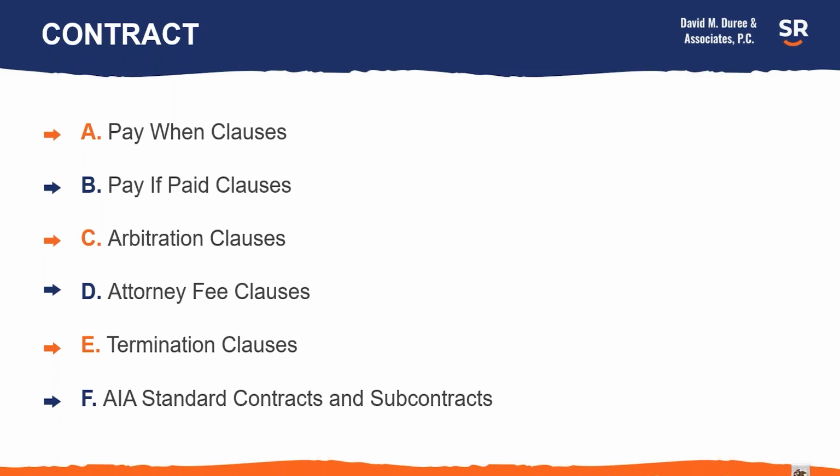So if a general contractor says to a subcontractor, take it or leave it, sign my contract or else, you don't really have much to negotiate there. But for those contracts in which you do have some ability to negotiate, I'd like to mention just a few of the more significant clauses that would be in your contract.